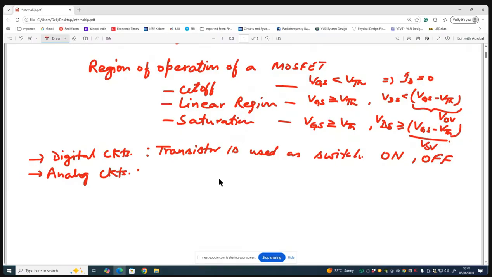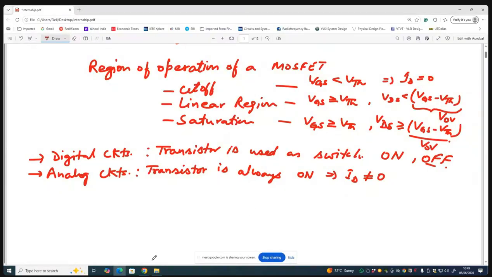Whereas in analog circuit, the transistor is always on. This implies that ID is not equal to 0. In digital circuit, when the transistor is off, ID is 0, and when the transistor is on, ID is non-zero. Whereas in analog circuits, the transistor is always on, so ID is not equal to 0.